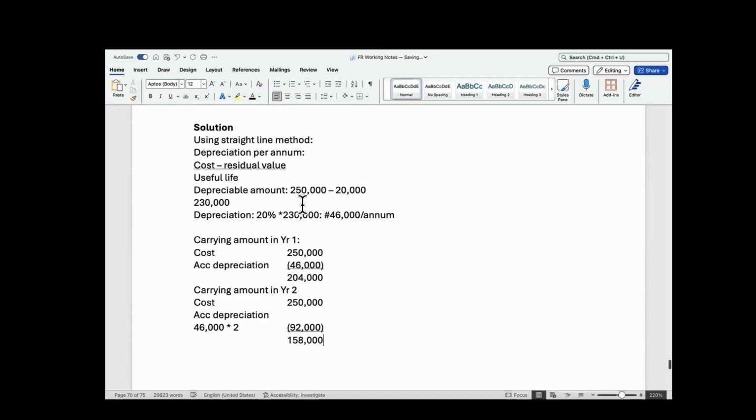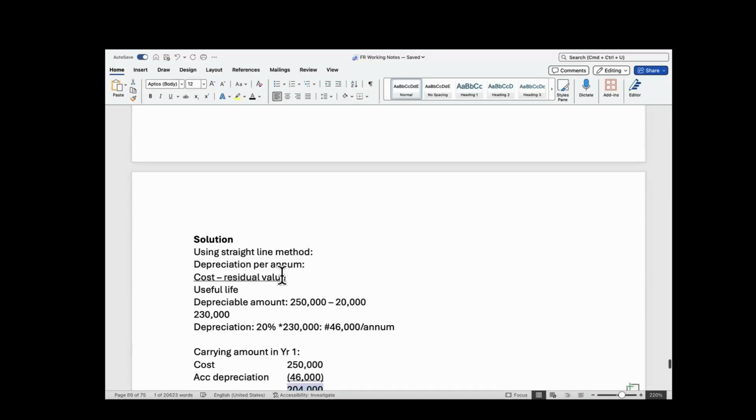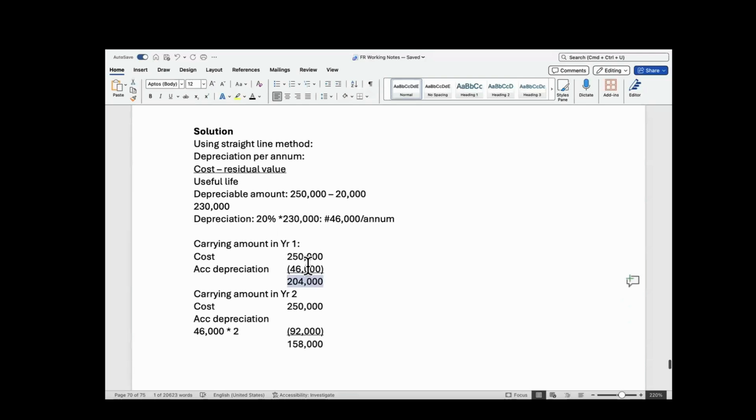Now, again, remember that what goes to P&L is this depreciation per annum of 46,000. What shows in my statement of financial position in each year under non-current assets as PPE is this 204,000 in year one and 158,000 in year two as my carrying amount. It's because carrying amount reduces that people think depreciation is the reduction in the value of the asset. No. The cost is still the cost.